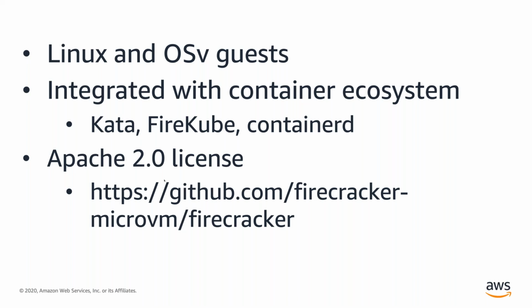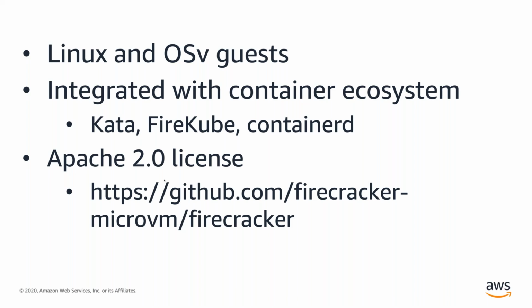We've worked with the open source community to integrate Firecracker with the container ecosystem. There's Firecracker support in or going into Kata containers, a Firecracker integration into Kubernetes called Firecube, and Firecracker integration in Containerd. What these do in the container ecosystem is allow you to replace the standard Linux container type isolation mechanism with this much stronger isolation mechanism provided by virtualization.